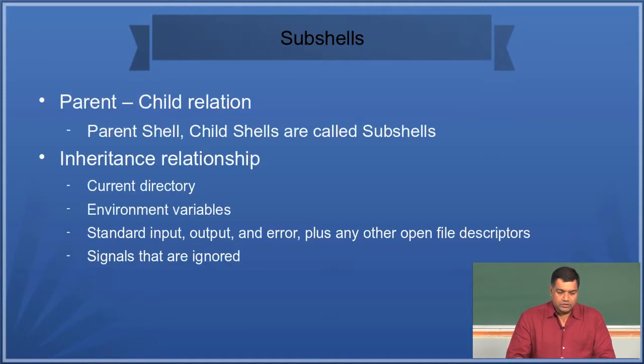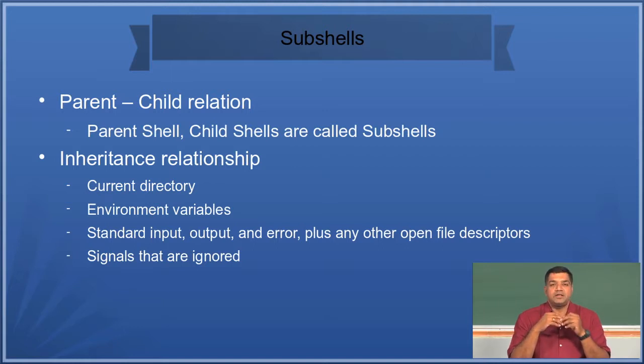A subshell actually has a parent-child relationship with its parent shell, and a parent can create many subshells inside itself. There is an inheritance relationship between the parent shell and the subshell that you are creating.